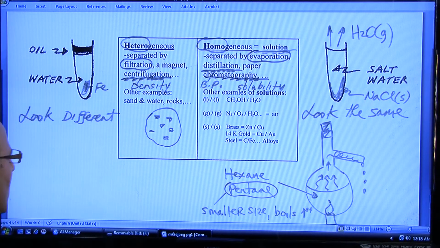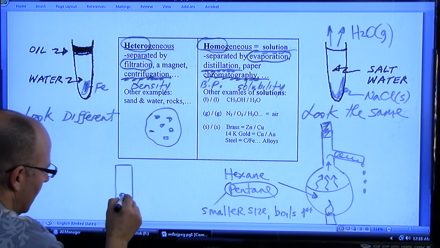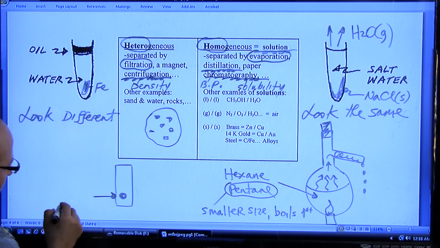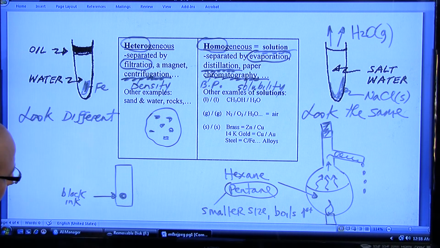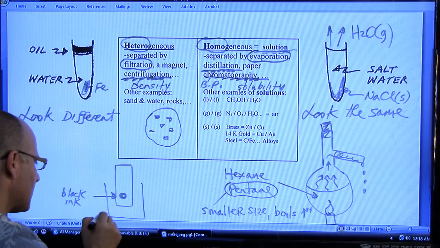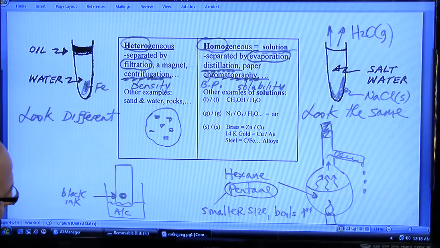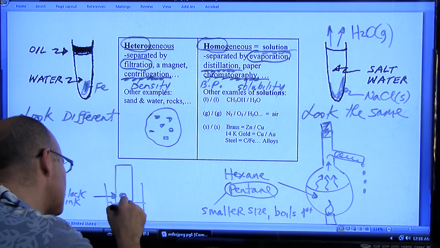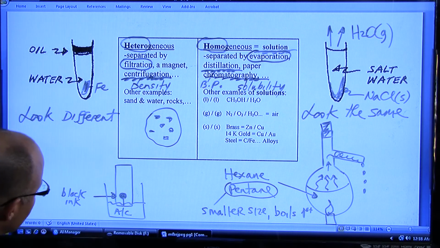The standard experiment is to take a piece of filter paper and spot it with a mixture of pigments, colored pigments. For example, let's say black ink. Then when you place this filter paper, this strip, inside alcohol, ALC, what's going to happen is, as the alcohol is absorbed by the paper and passes through this spot, it's going to dissolve the different components of this black ink mixture to different degrees.